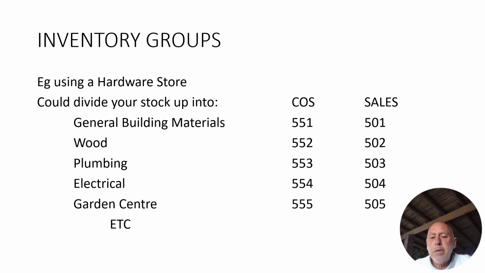And if we run a system like this, we can sit there on a monthly basis, a yearly basis, whatever it is, and look at how much gross profit we are making on our general building materials. How much for the wood? How much for the plumbing? The electrical, the garden center? This is now helping you realize what divisions of your business are making you money and what is not working so well.